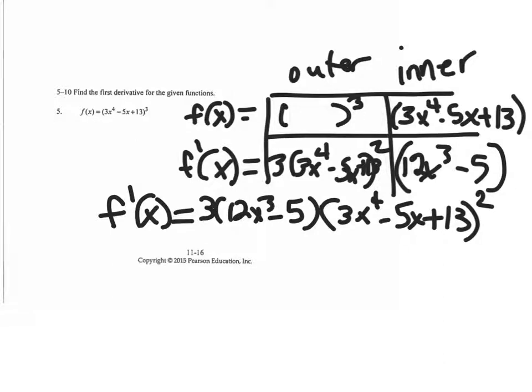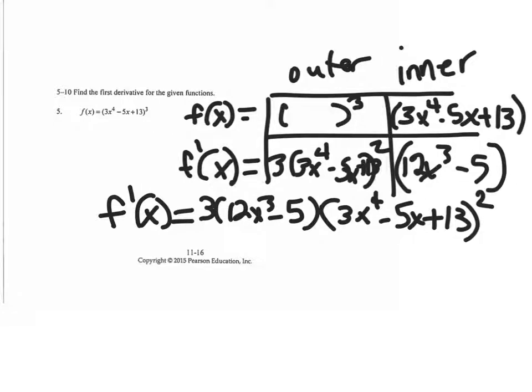If I wanted to clean it up just a little more than this, what else could I do? Is there anything I can distribute? Is it possible to distribute these two? Ah, I can. Now, I can't distribute with this one that has the square on it unless I expanded that out, and I don't want to do that.